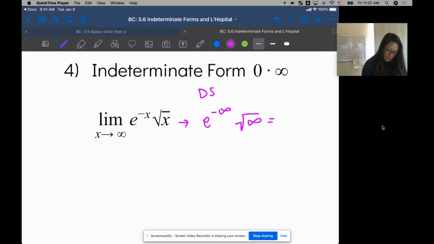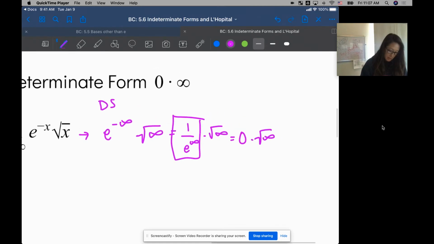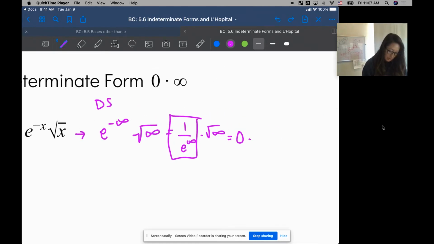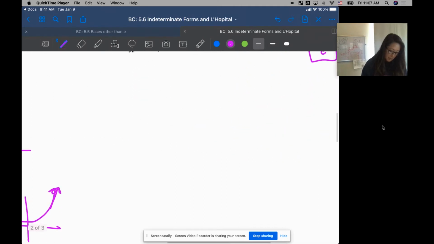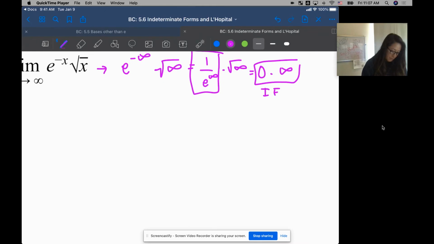E to the negative infinity is 1 over e to the infinity times the square root of infinity, which gives me, this is basically 0 times the square root of infinity, which is just infinity. Okay, so this is an indeterminate form.